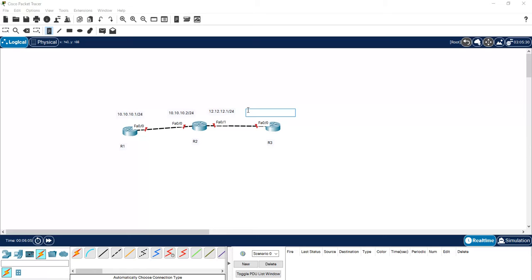Router 2, connected with router 1, has IP address 10.10.10.2, prefix 24. Router 2, connected with router 3, has IP address 12.12.12.1, and the prefix is 24. Router 3 is 12.12.12.2, the prefix is 24.